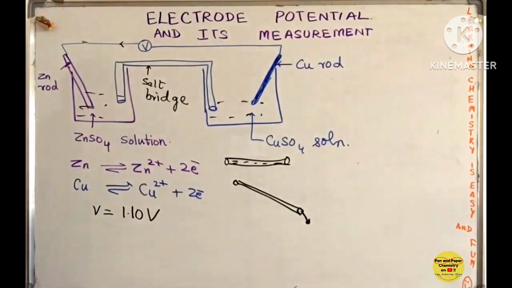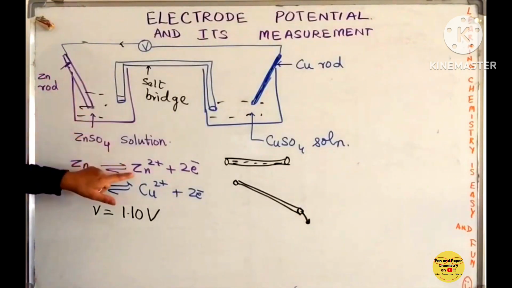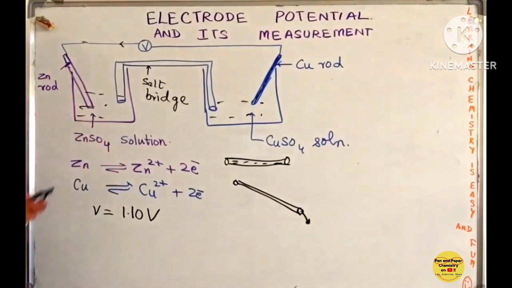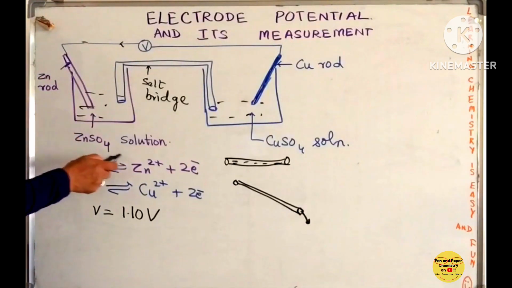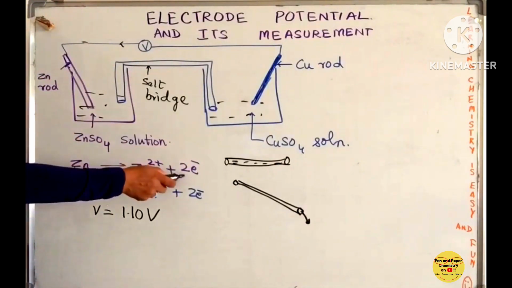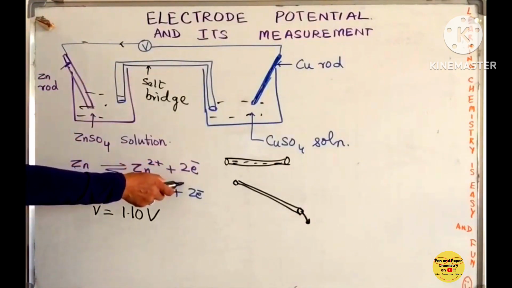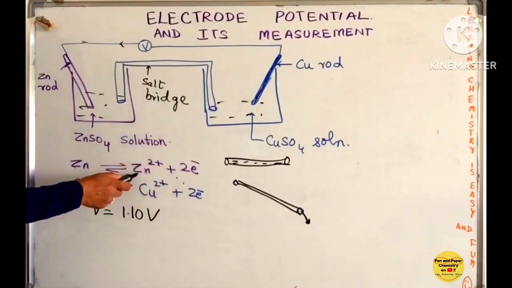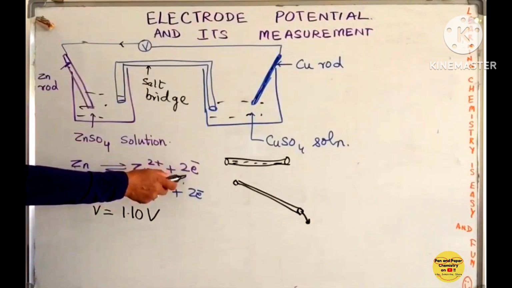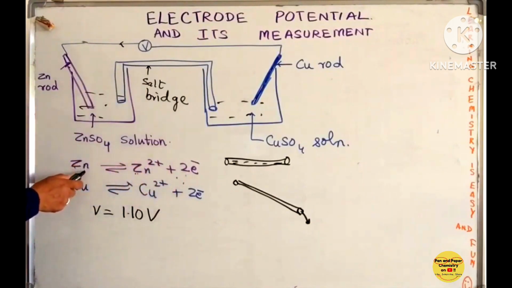Why does this potential develop? Let us understand. The zinc rod is in contact with the zinc ions. So the zinc rod is getting converted into zinc ions by the release of electrons, what we call oxidation. The zinc ions in turn are gaining 2 electrons and turning to zinc.